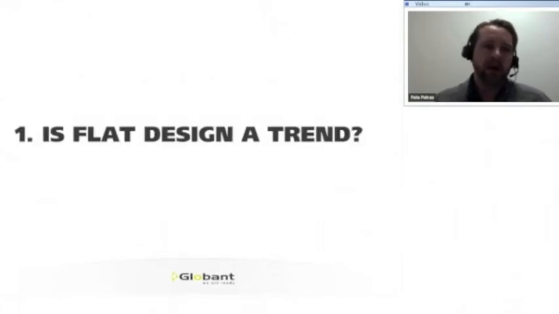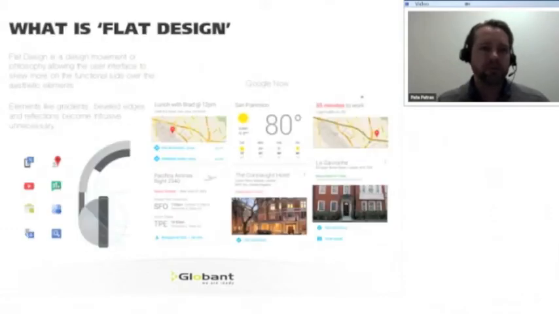To understand whether flat design is a trend or not, we first have to understand what flat design actually is. Flat design is a design movement or philosophy which allows the user interface to skew more towards the functional side over the aesthetic elements. Elements like gradients, beveled edges, and reflections become intrusive and unnecessary.